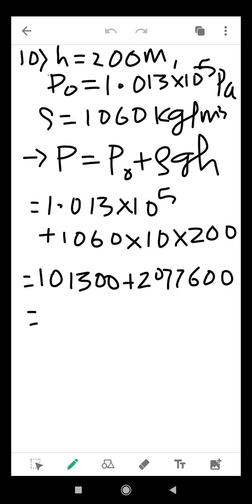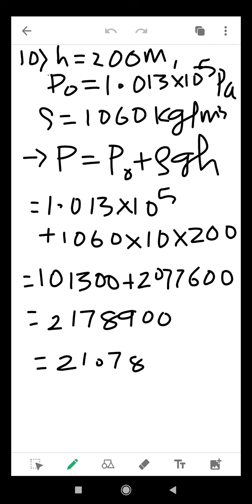On adding, you will get 2178900, or if you want to write the answer as per your textbook answer, it will be 21.789 into 10 to the power 5 Pascal. So this is the answer to problem number 10.